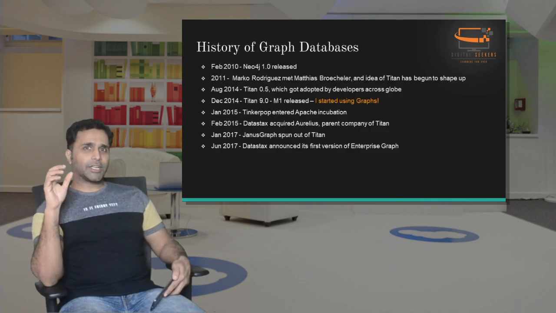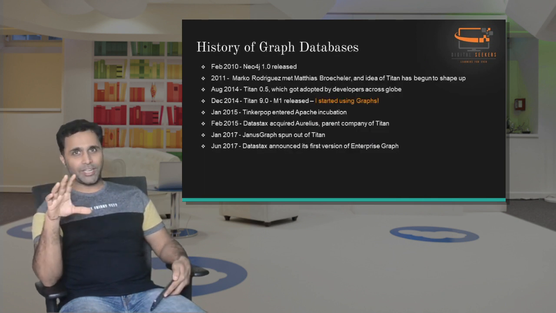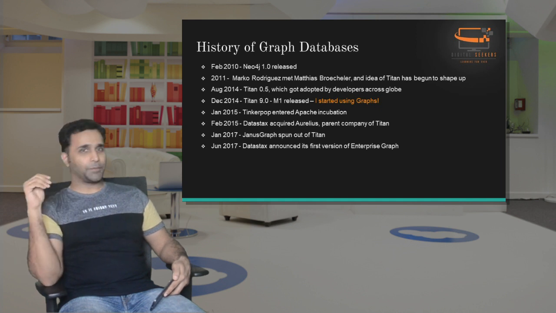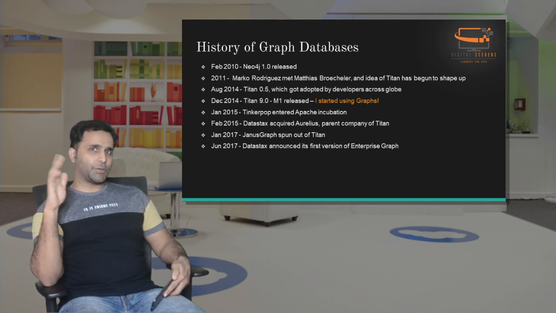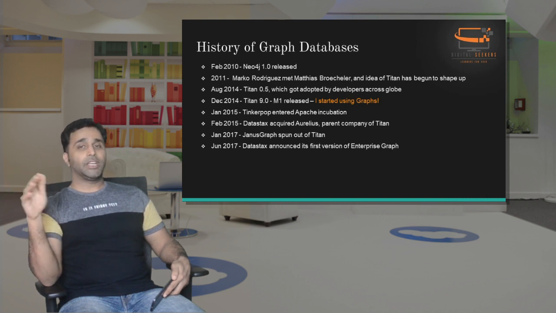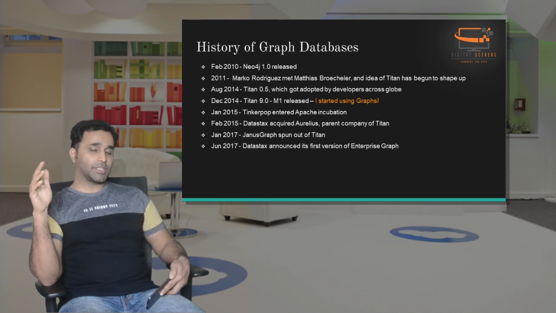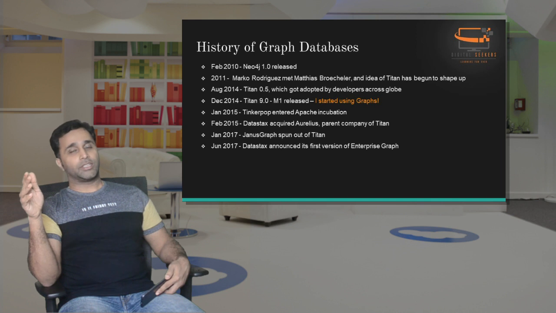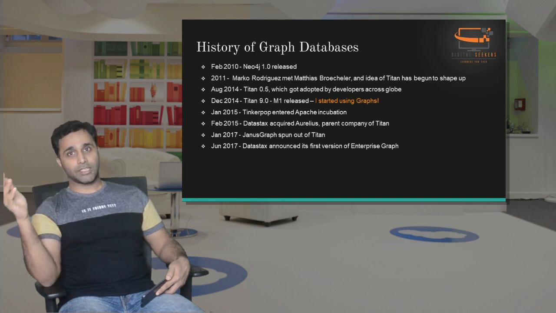Now let us briefly look at the history of property graph databases and how they have evolved over a period of time. In February 2010, Neo4j 1.0 was released into the market. That was a big hit at that time. In 2011, Marko Rodriguez met Matthias Bröcheler, and the idea of Titan began and started shaping up.